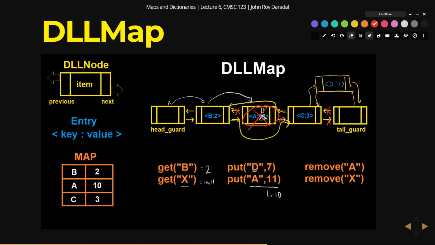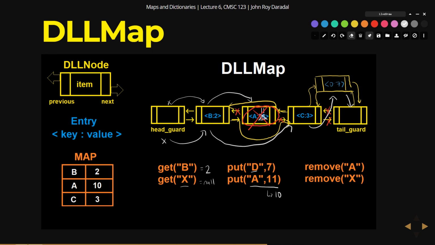Now how about if you remove X? Well, X is not existent, so if we start from here, is this X? From head guard, you go to the next. Is this X? No. Is this X? C3? No. And then you go to D7, still not. And then you go to the tail guard, still not X. So there's actually nothing to remove.